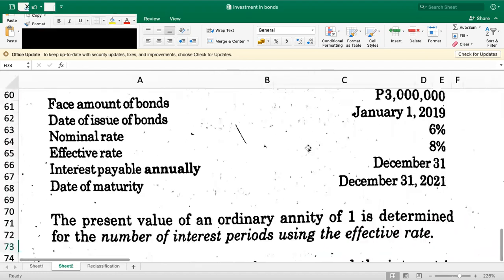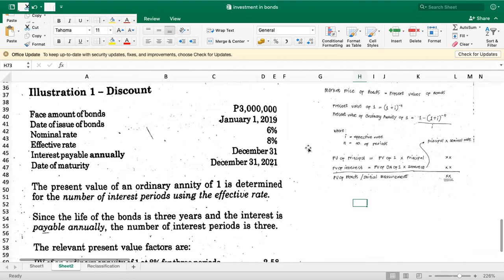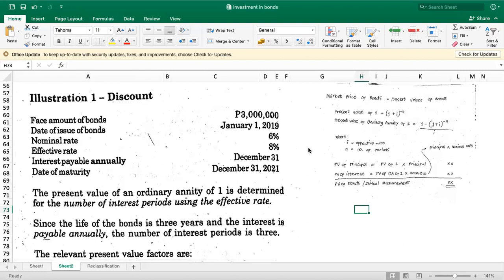So by looking at the effective rate and the nominal rate given, kung titingnan natin, may discount, may premium, di ba? Kanina, if the effective rate is greater than your nominal rate, therefore there is discount. So yung initial measurement mo is lower than 3,000,000.